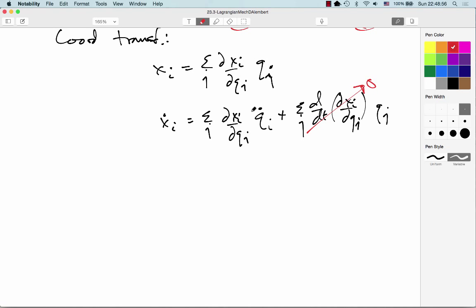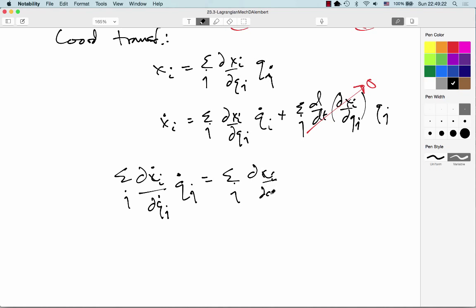What we're left with then is sum over j partial xi dot partial qj dot equal to sum over j partial xi partial qj, and then we can cancel.